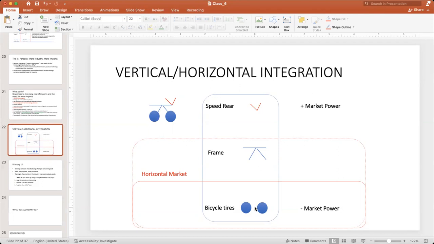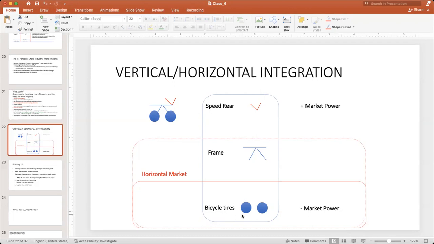We can get a little bit of investment, but not that high an amount of investment, to produce the tires, and we can close the economy only in this segment. So we are only closing the bicycle tires. We are still importing the frames and the speed gear, but we are only producing the tires domestically. There is something that is called horizontal market.